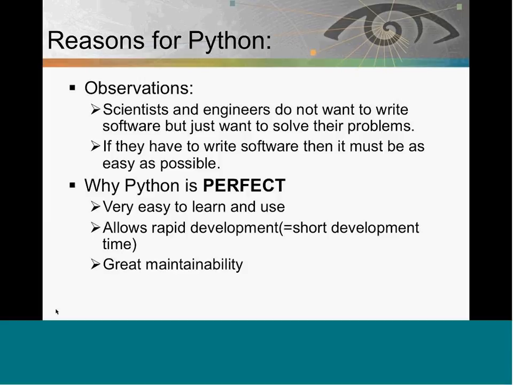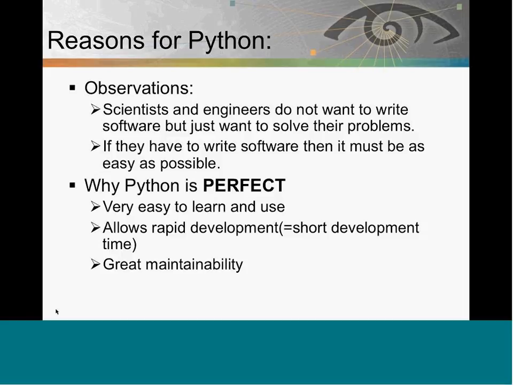As far as I have observed, scientists and engineers don't want to write software, they just want to solve their problems, because they want to focus more on their research problem rather than worry about how to implement it in a language. If they write the software, it must be as easy as possible.